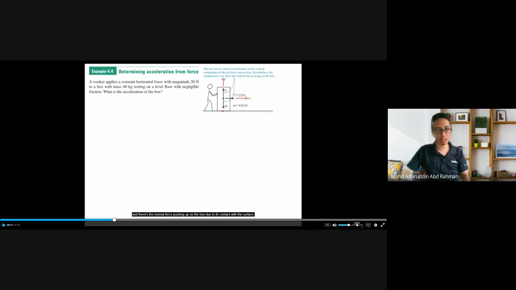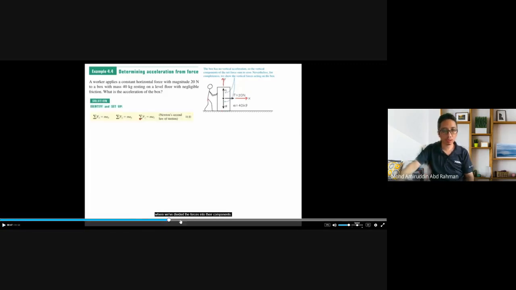Of course, when we have a problem with the acceleration, we will use Newton's second law. As you know, Newton's second law is F equals ma. F can be in either 1D, 2D, or 3D.